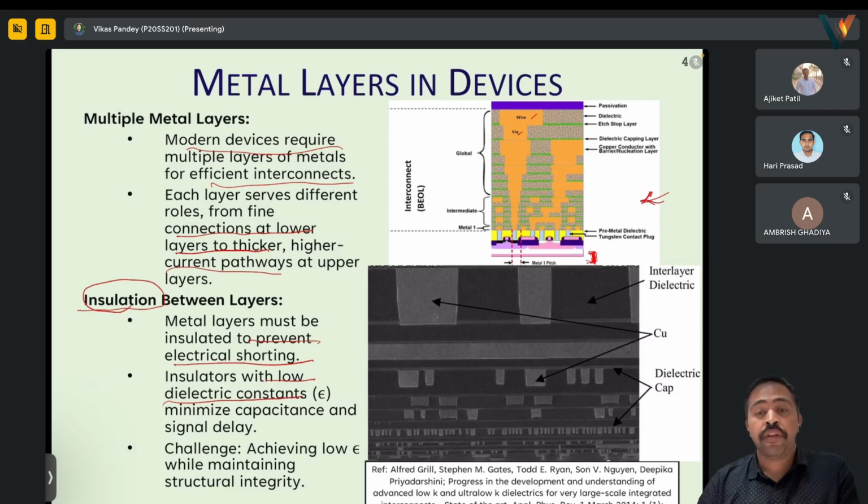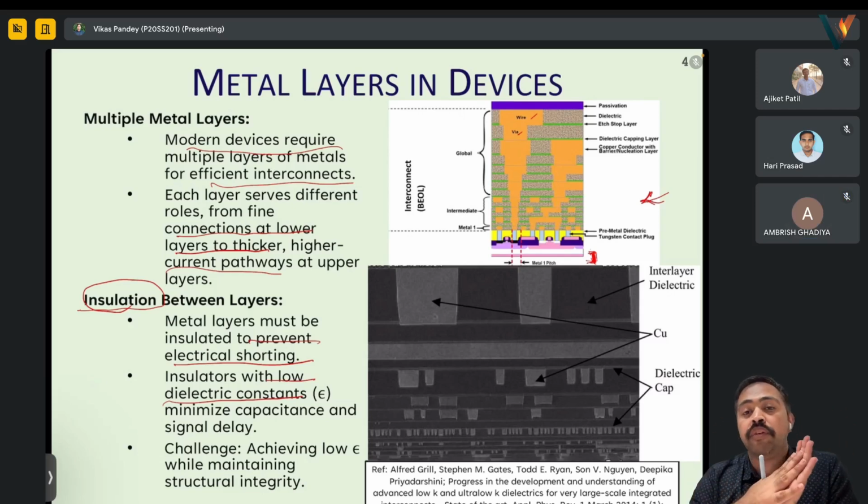It is not that we put any kind of insulator between two different metal lines, because there is a very big problem: if there are two conducting layers and an insulator in between, it acts like a, anyone? Capacitor. A capacitor. And if it acts like a capacitor, there will be charge storage.